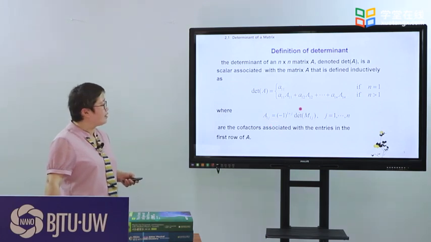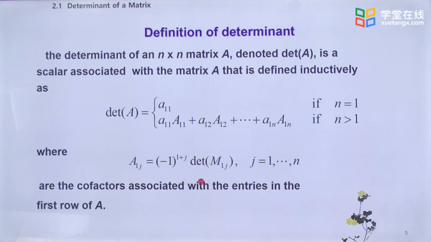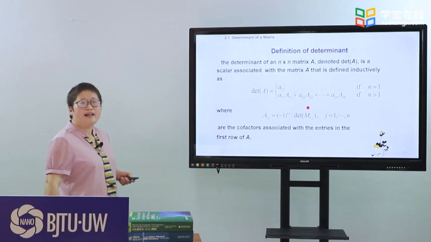So we have this cofactor. After we define cofactor, we can define the determinant of A by this formula: a11 times its cofactor A11 plus a12 times its cofactor A12 plus ... plus a1n times its cofactor A1n. So this definition is given by induction.